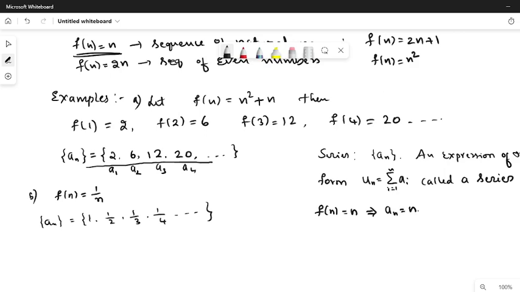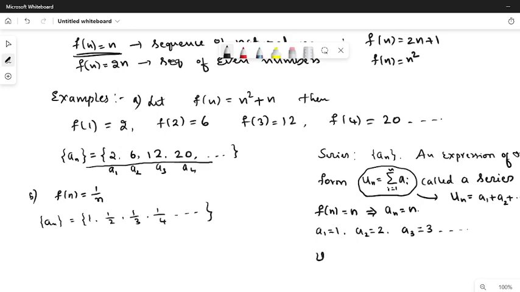Then a1 is 1, A2 is 2, A3 is 3, and so on. An is n generally. Then see, using this definition, Un equal to summation ai means Un equal to a1 plus a2 plus a3 and so on plus an.